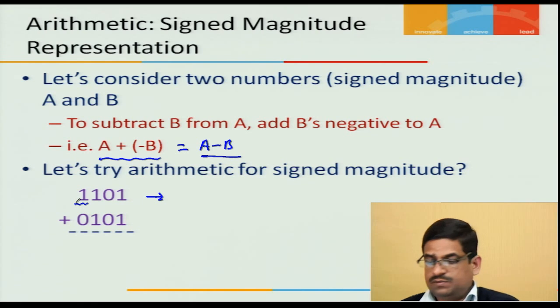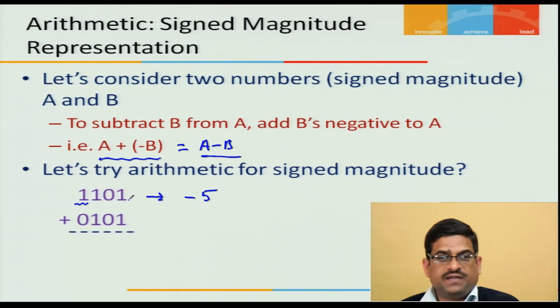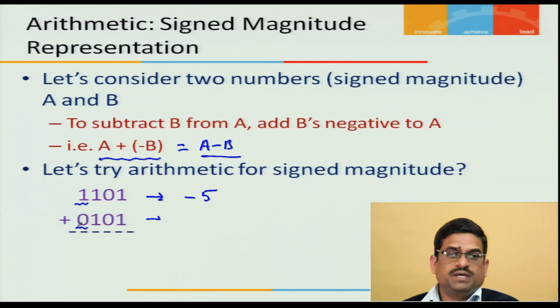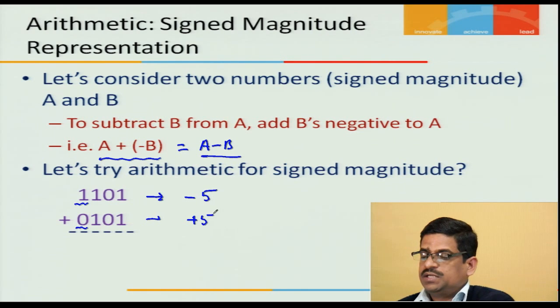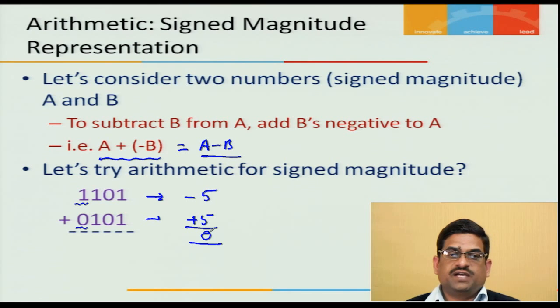So what is the value? Minus 5, 101 is 5, because the number is negative. Second number is positive because the leftmost bit is 0, so it is plus 5. What is the expected answer? 0. Plus 5 and minus 5 addition should give me 0.